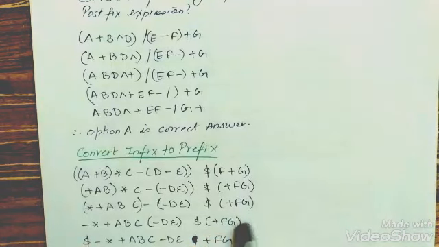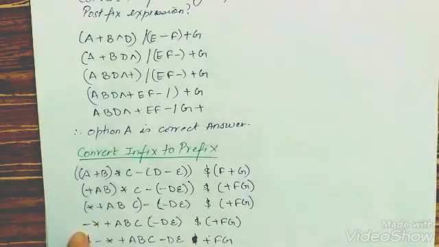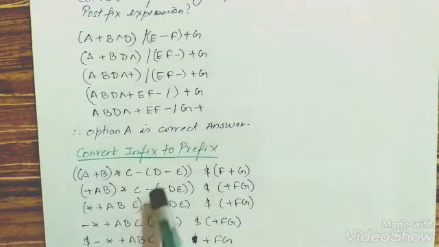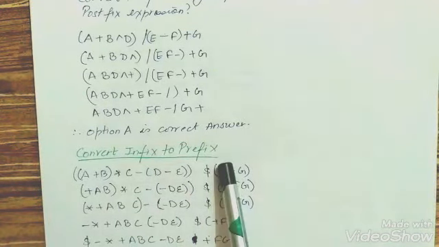Now we are just left with this portion and this portion with the dollar sign. So now we need to move our dollar to the start to make it prefix notation. So we get dollar minus multiplication plus ABC minus DE plus FG. So this is how we do infix to prefix notation.